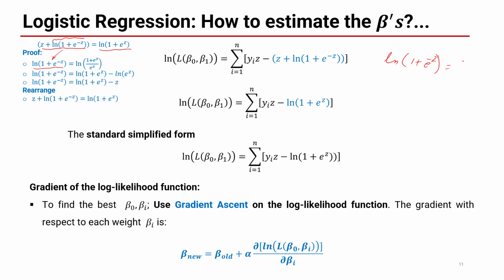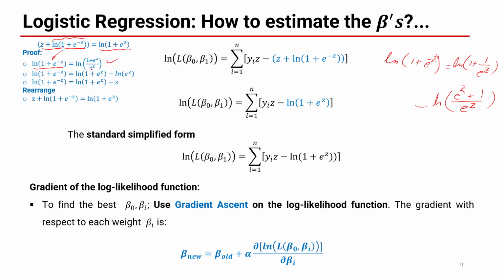Okay, so I can write ln 1 plus, in order to make it positive, 1 over e power z. So if I take the LCM, ln, this is going to be e power z, because multiplied with 1, this is 1, so I can write 1 plus e power z over e power z.